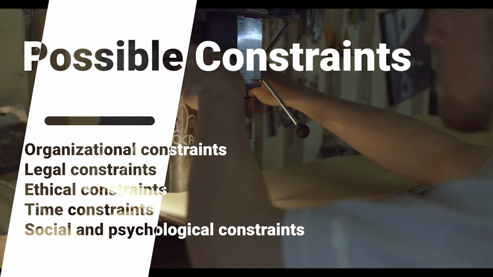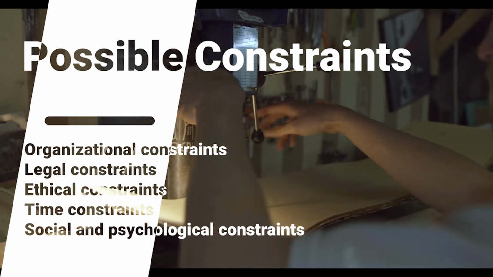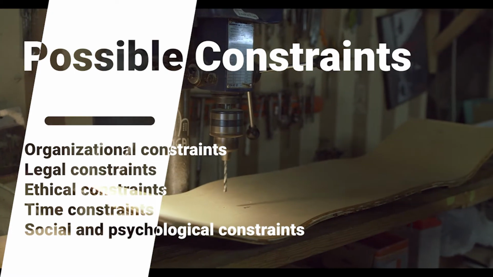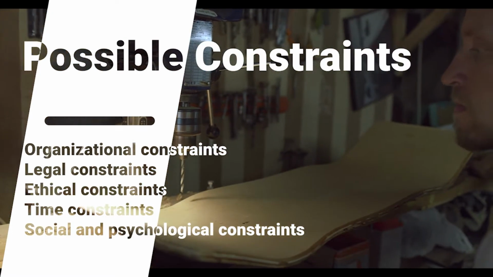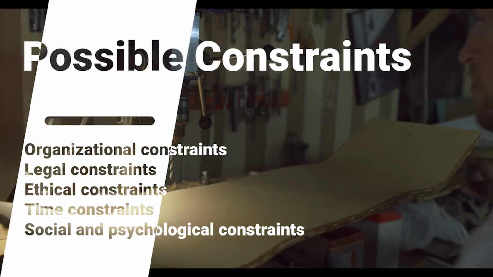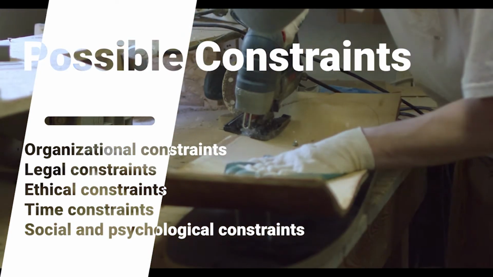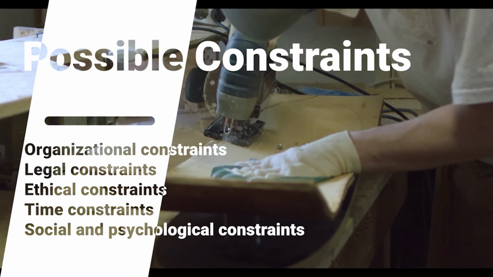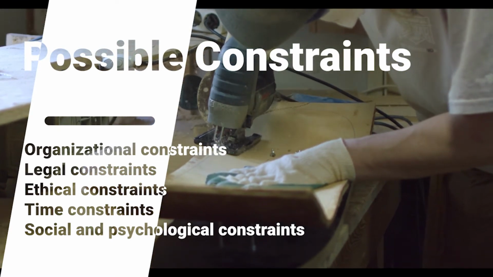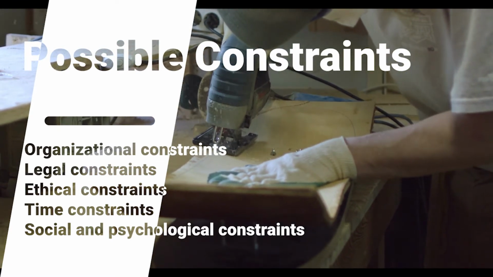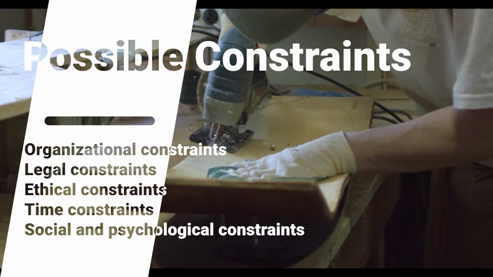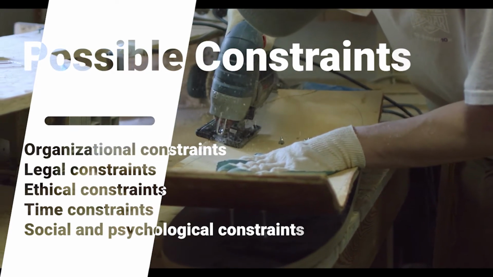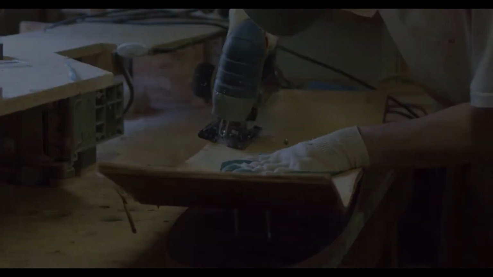Certain constraints can be things like organizational constraints, and these are constraints that are based on company rules. And then you have legal constraints, and these are based on law. Ethical constraints, and these are based on honesty and fair play. Notice how legal constraints and ethical constraints are two individual points, okay? Legal constraints aren't always ethical, and ethical constraints aren't always legal.